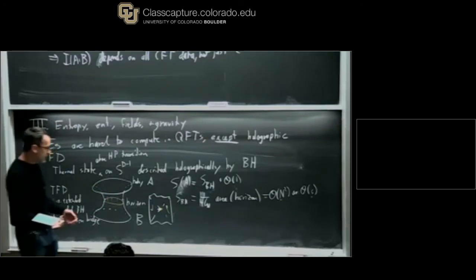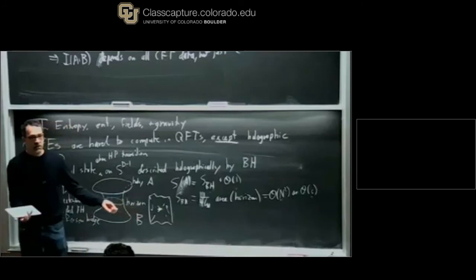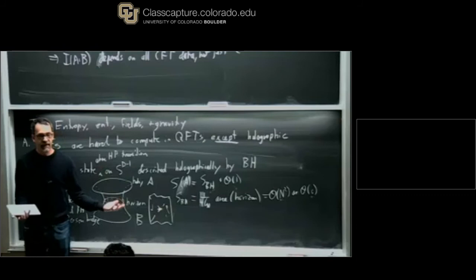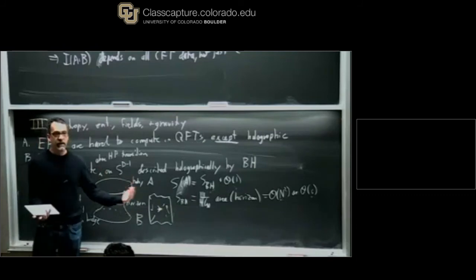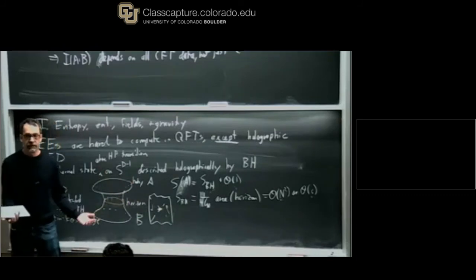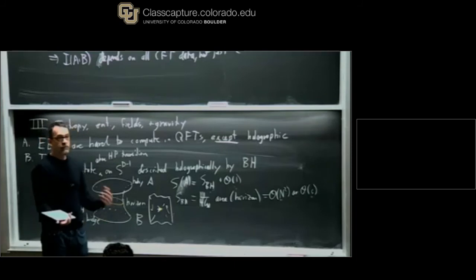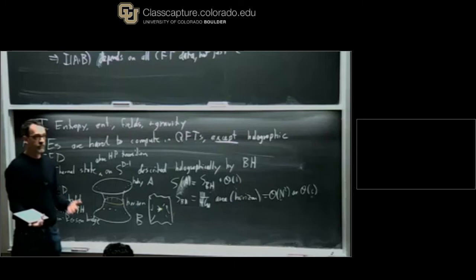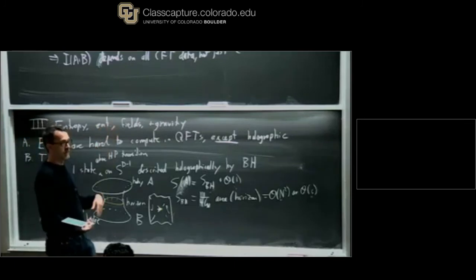So there's this idea that somehow space-time emerges from entanglement. You get that by looking at examples like this, where by tuning the amount of entanglement, you change the amount of space-time. Space-time kind of appears when you have more entanglement.